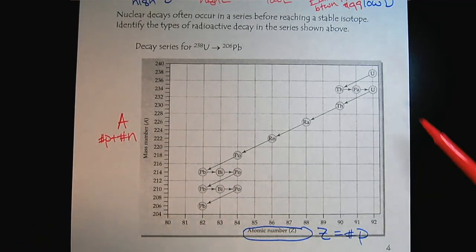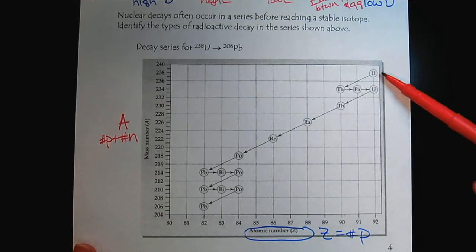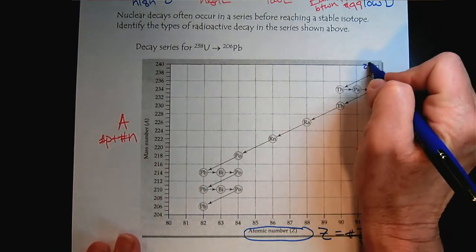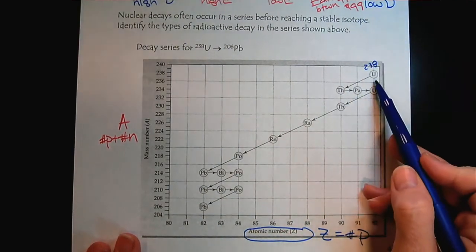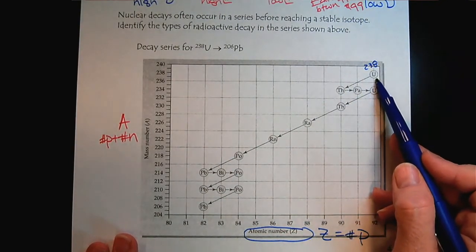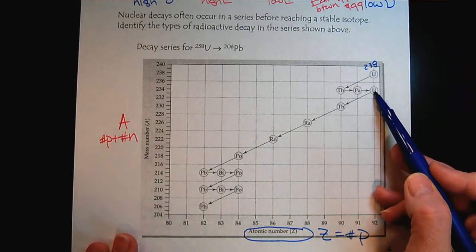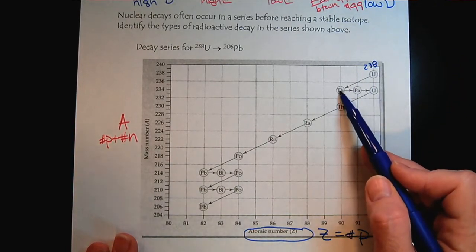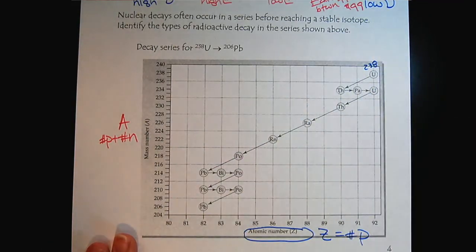So now if we look here, we can do the math. We see that we start at uranium-238, and notice that we're going to have a loss of 4 mass units and 2 protons. So this is an example of alpha decay.